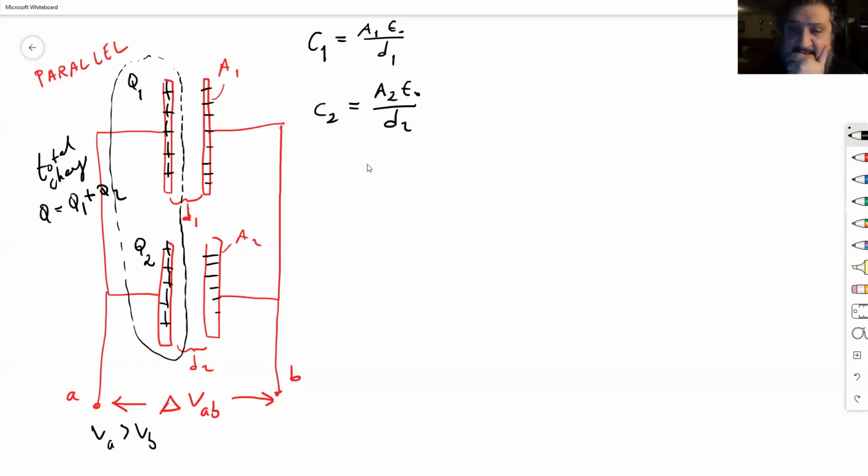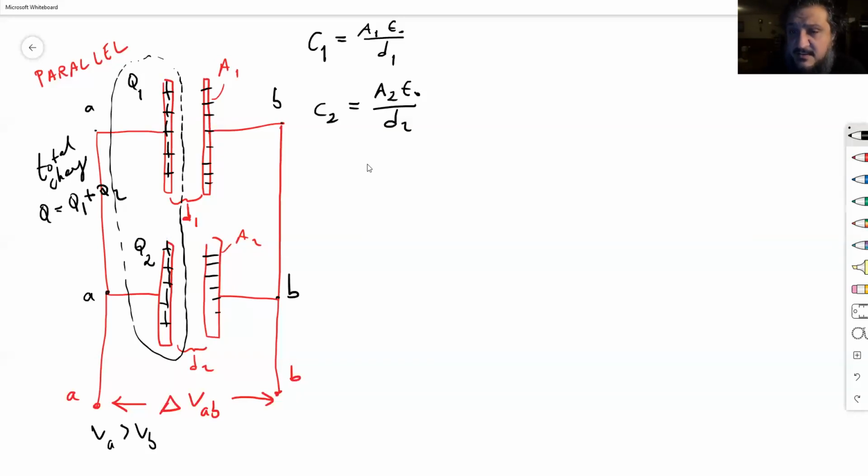So charges add in this case. But both capacitors share the same potential difference. There's nothing between this point and that point, so it's also A. This is A. This is B. There's nothing but just a piece of wire.